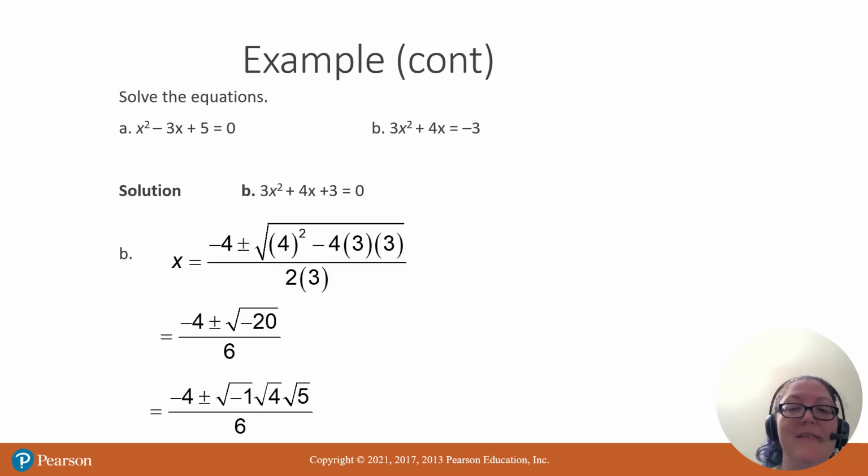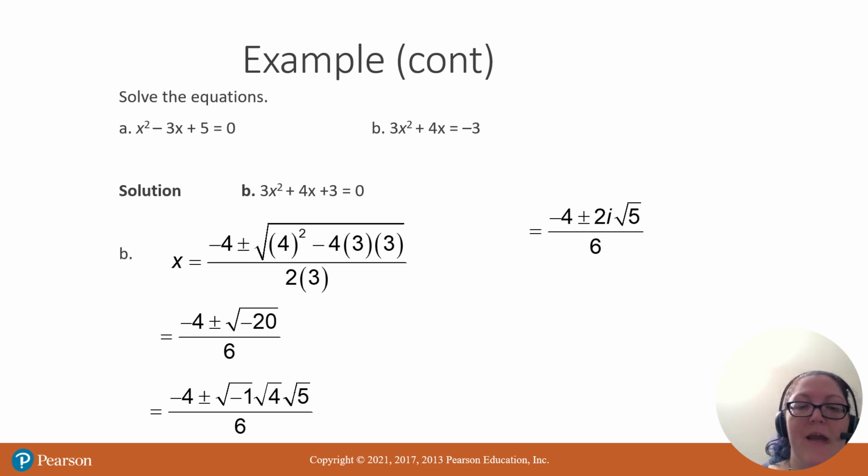I'm going to remind myself there that the square root of negative 20 can be broken down into a square root of negative 1, a square root of 4, and a square root of 5, because 4 times 5 is 20, times that negative 1, which will give me the negative. And that's basically how I'm able to break it down and make this end up being negative 4 plus or minus 2i square roots of 5 over 6.